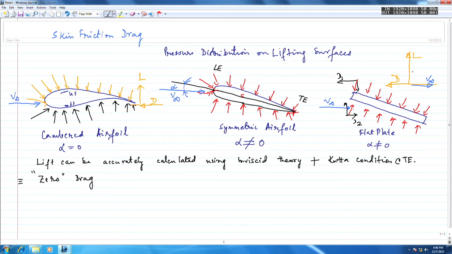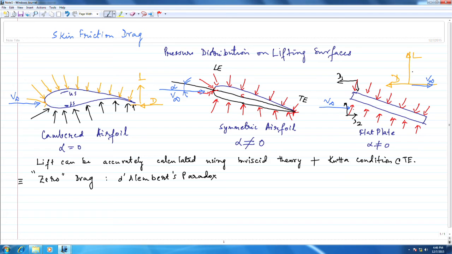This is commonly known as D'Alembert's paradox, after Jean de D'Alembert, who is a French scientist.